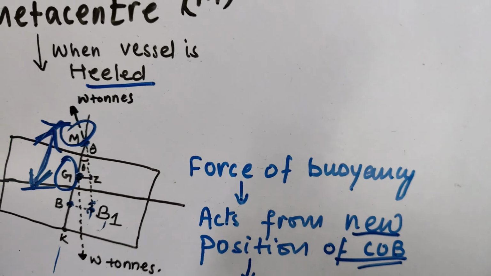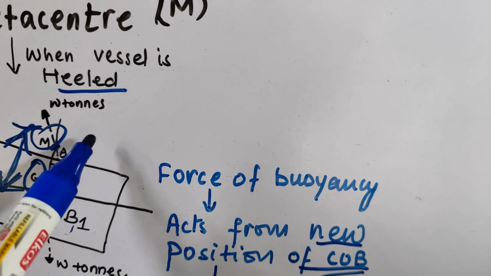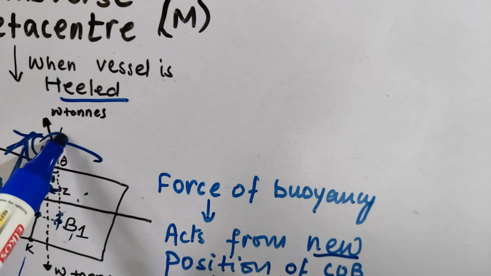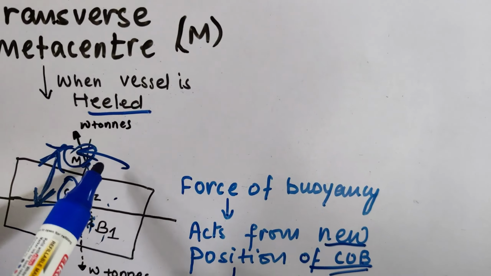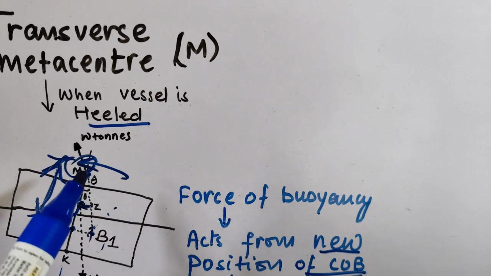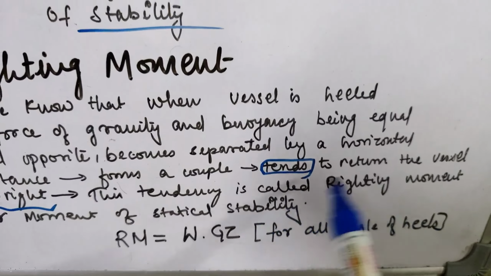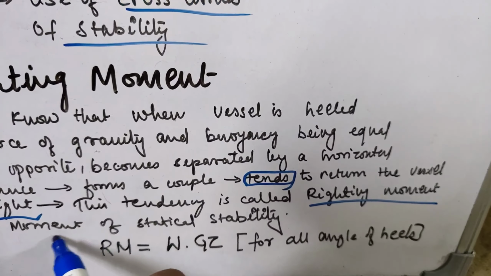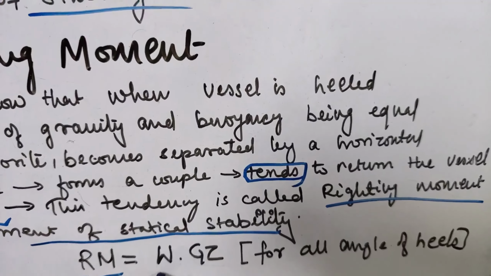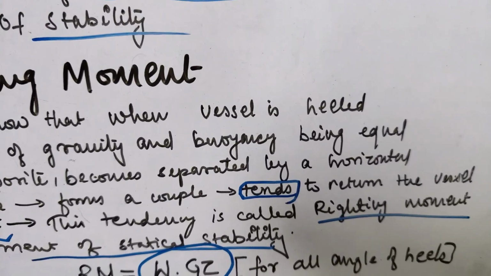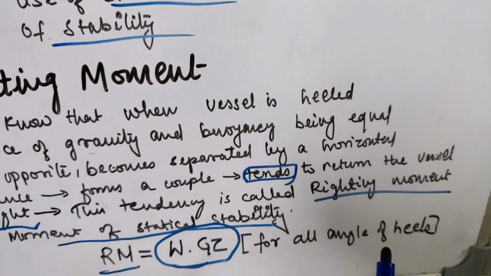This tendency is known as righting moment or moment of statical stability, and it is given by the formula: righting moment equals W into GZ, where W is displacement and GZ is the righting lever. So this much is important from this topic.